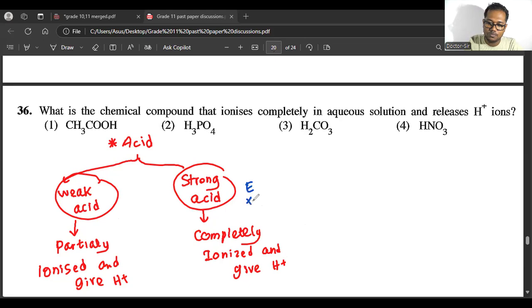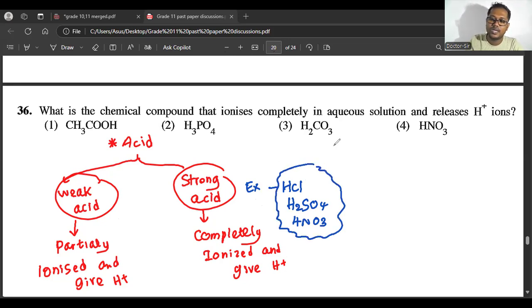What are the examples of strong acids we know? HCl, H2SO4, and HNO3. These are the best examples for strong acids. One of these is included in the fourth answer, HNO3.